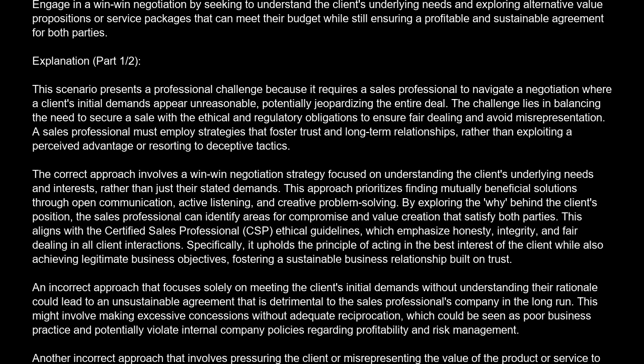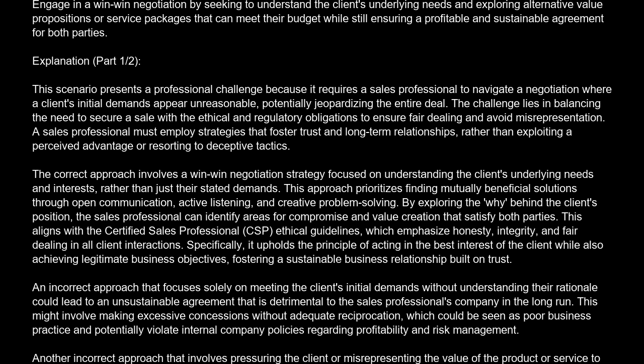The correct approach involves a win-win negotiation strategy focused on understanding the client's underlying needs and interests, rather than just their stated demands. This approach prioritizes finding mutually beneficial solutions through open communication, active listening, and creative problem-solving. By exploring the why behind the client's position, the sales professional can identify areas for compromise and value creation that satisfy both parties.